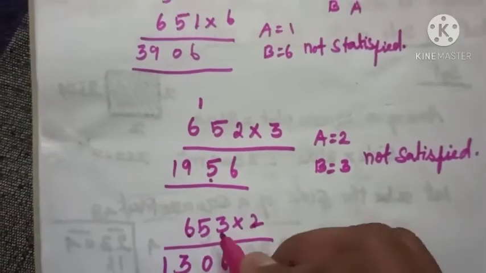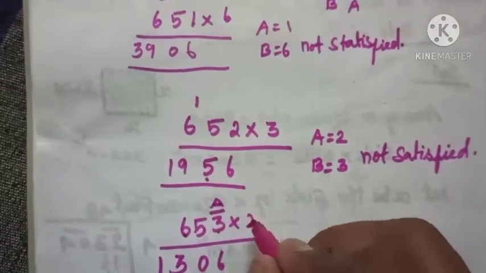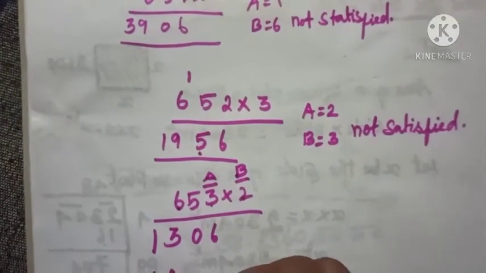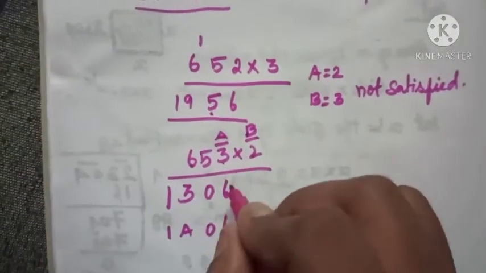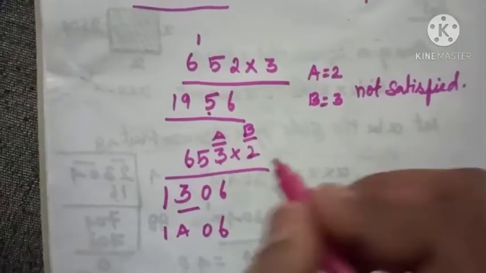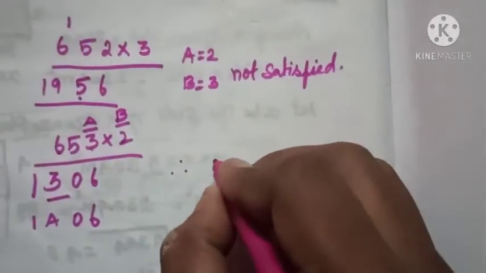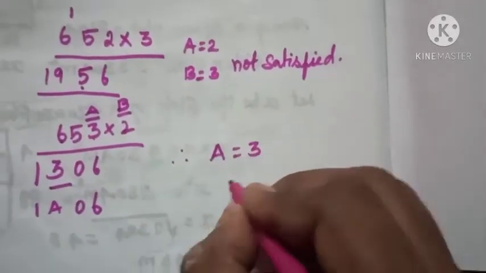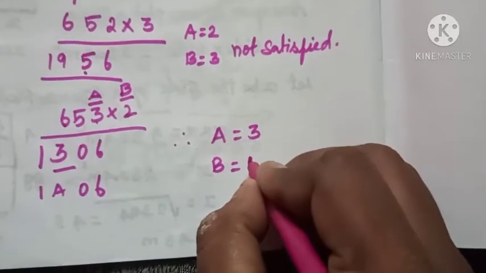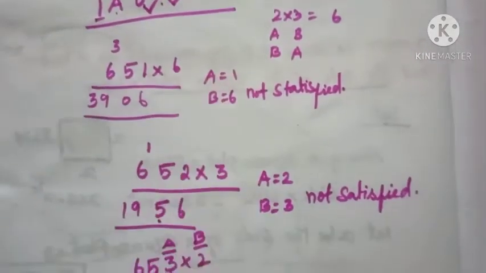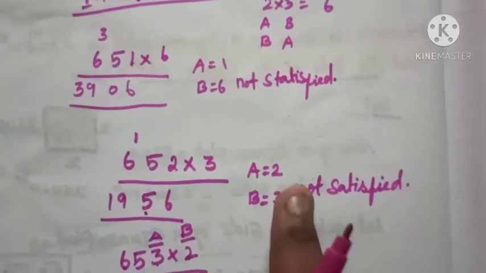Now you can see this one is a, this one is b, and here 1a06, so in place of a it is replaced by 3. Therefore the final answer is a equal to 3, b equal to 2, only. So likewise you have to check all the values in multiplication to find the alphanumerals.